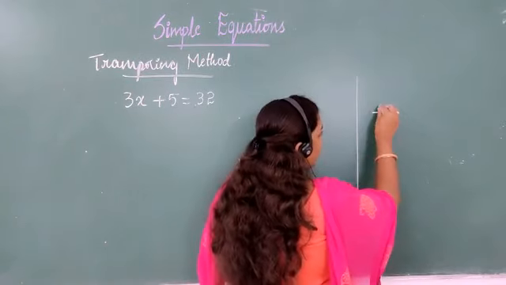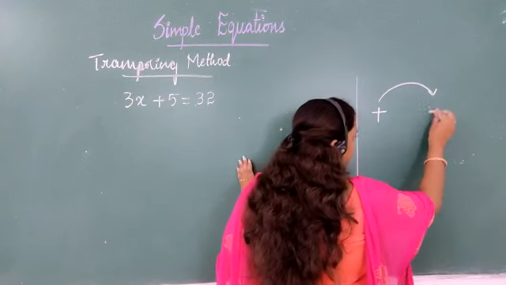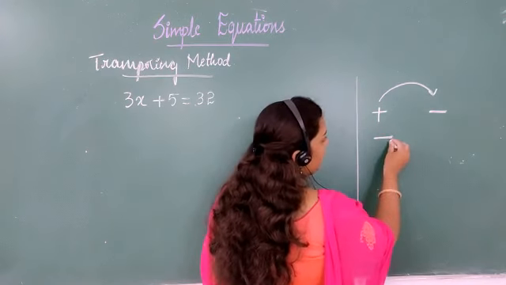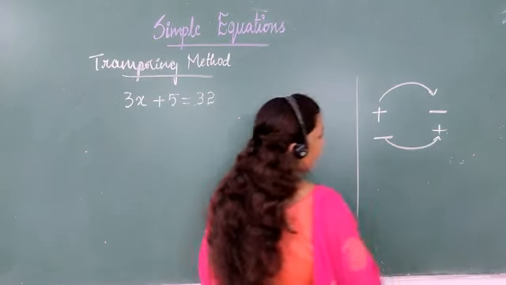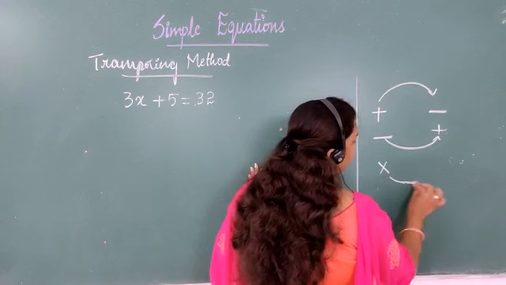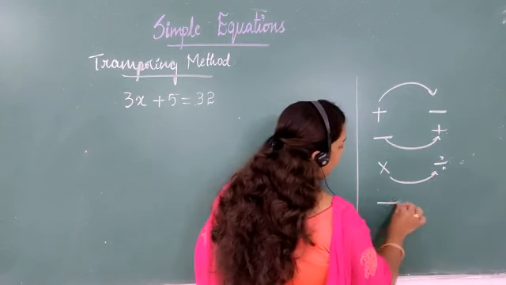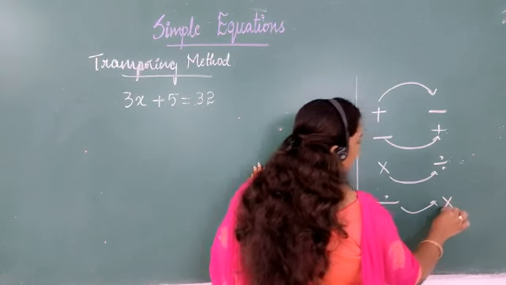When a positive term is transposed to the other side, then it becomes negative. Similarly, when a negative term is transferred to the other side, then it becomes positive. Similarly, when a product is shifted to the other side, then it becomes division, and when division is shifted to the other side, it becomes multiplication.